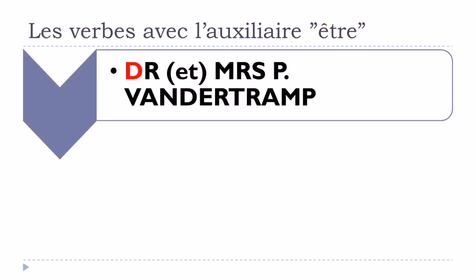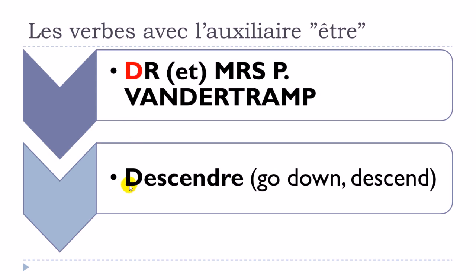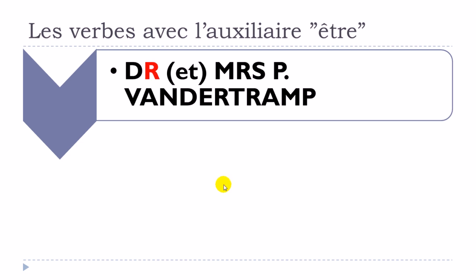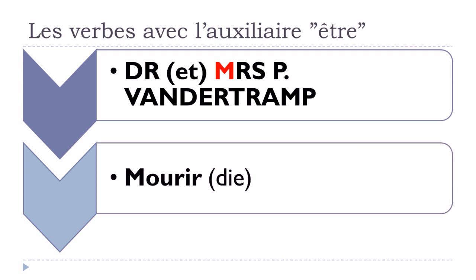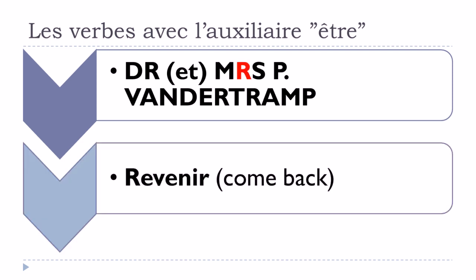If we take the whole thing here and then we take only the first letter, it's D, and D will be for the verb descendre. Okay, descendre. Then R will be for rentrer. Then M will be for mourir. R will be for revenir.